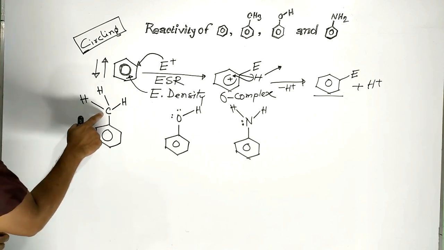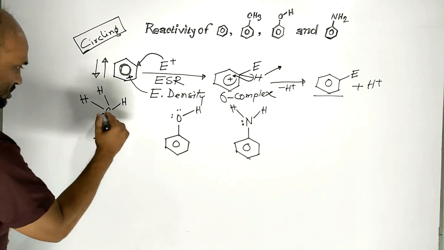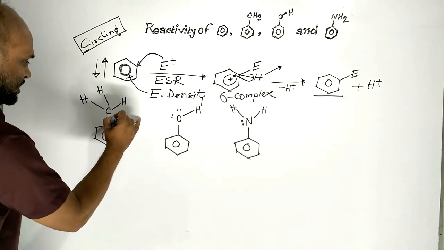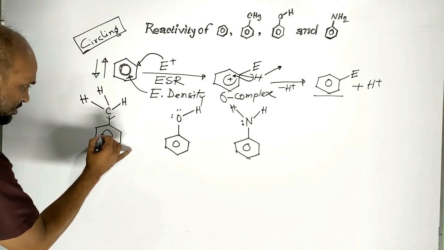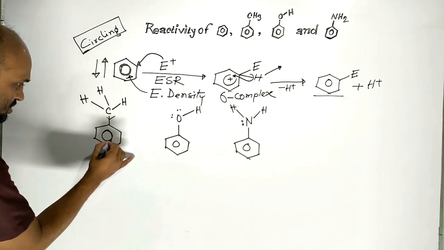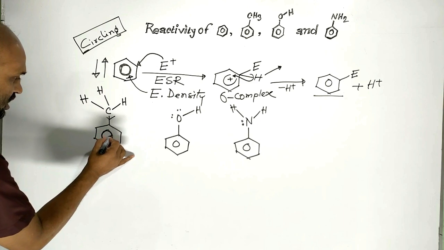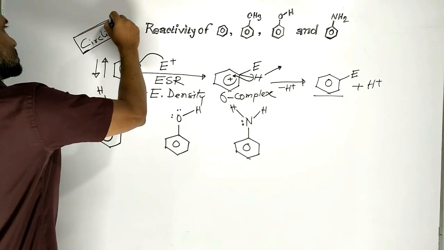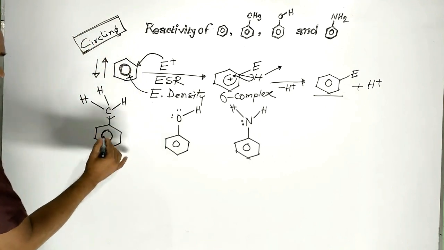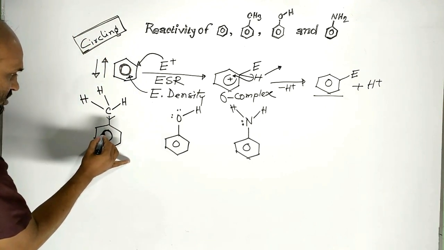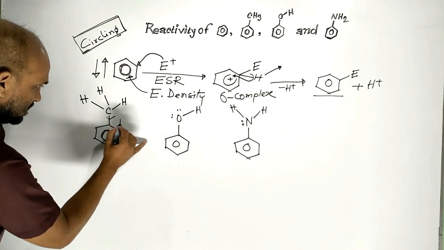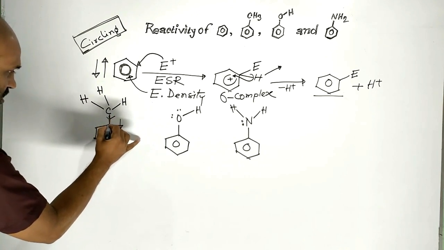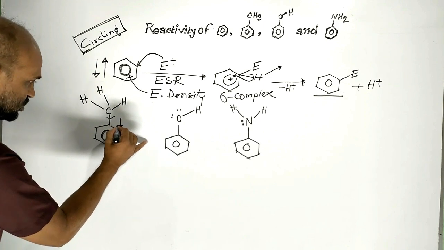Here, methyl group. We know that methyl group is electron donating group, and there is a characteristic of benzene ring due to the circling of these pi electrons. Due to the circling of these pi electrons, benzene ring achieves electron withdrawing nature. Phenyl group achieves electron withdrawing nature.